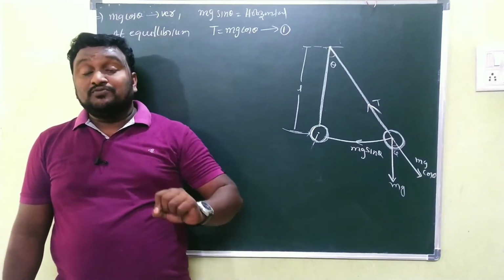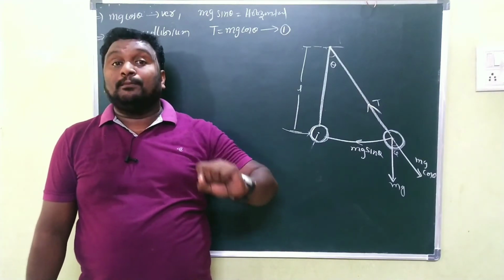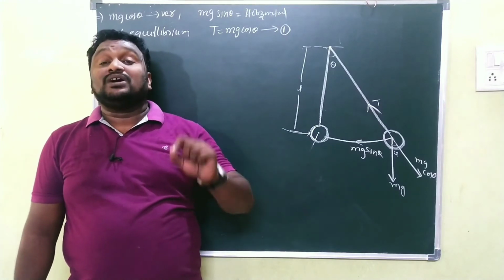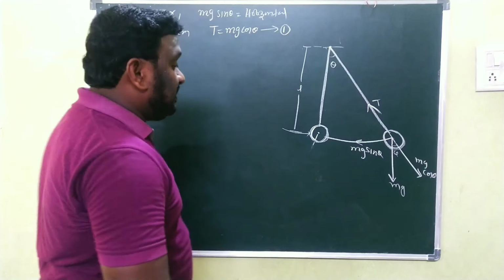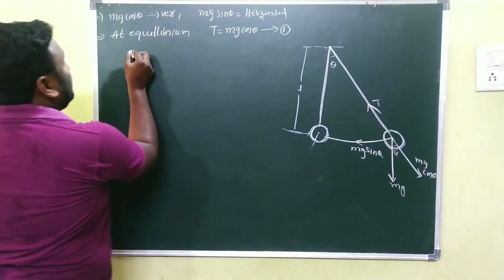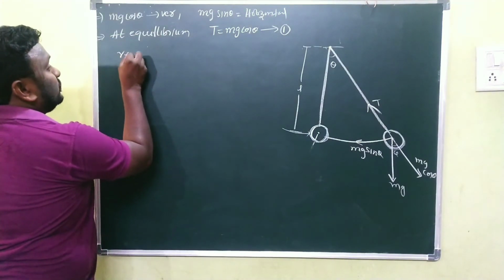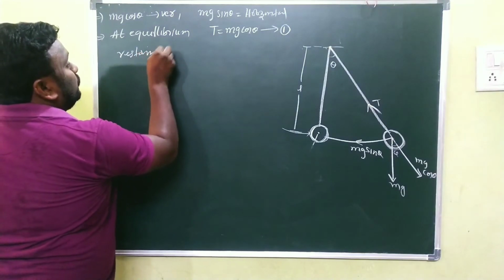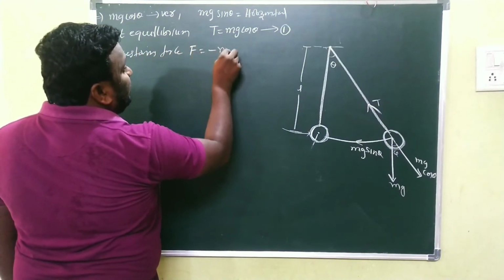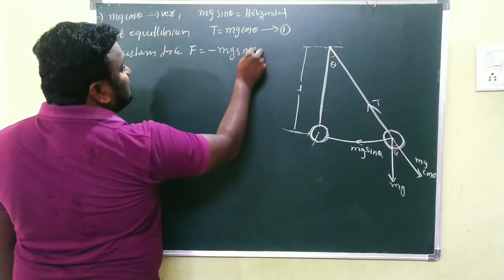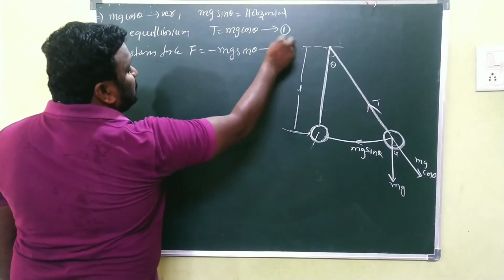Here the restoring force is provided to the bob only because of gravitational force. That's why I am going to write here: restoring force, F equals minus mg sin theta. This is equation number 2, children.